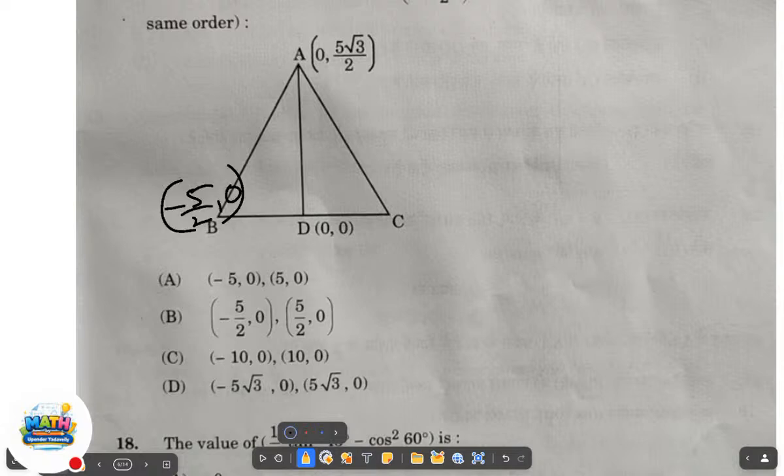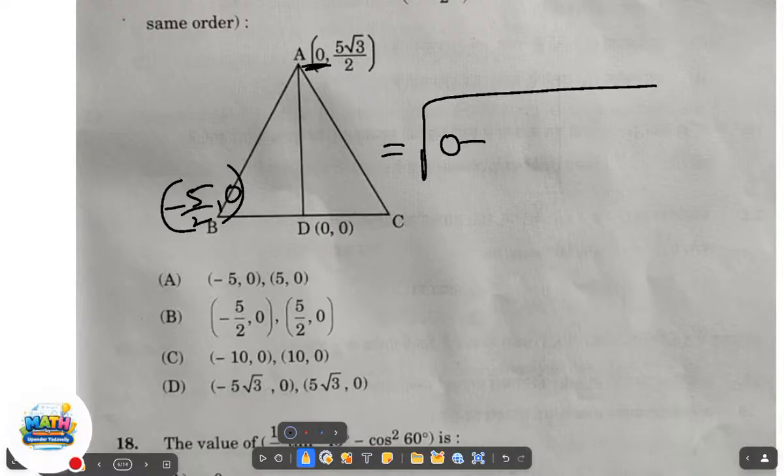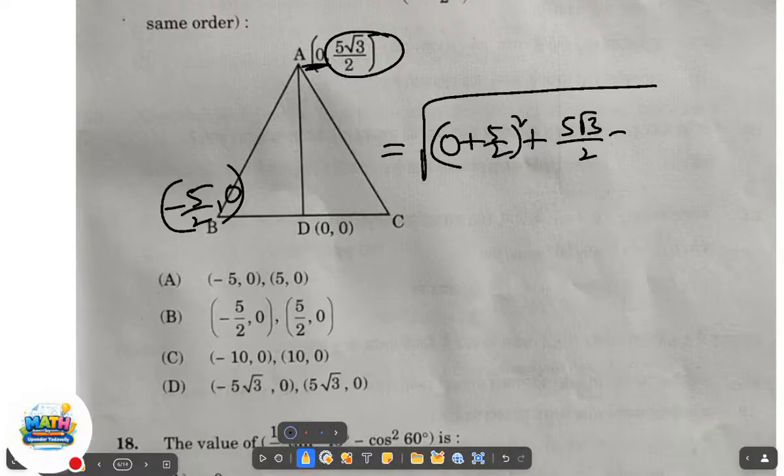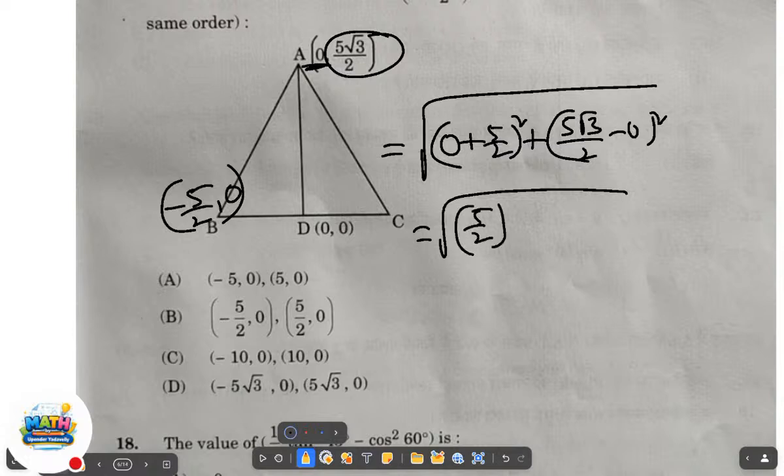Now apply the distance formula: under root of (x2 minus x1) whole square plus (y2 minus y1) whole square. x2 is 0, x1 is minus 5 by 2, so 0 plus 5 by 2 is 5 by 2 whole square. y2 is 5 root 3 by 2 minus 0, so 5 root 3 by 2 whole square.